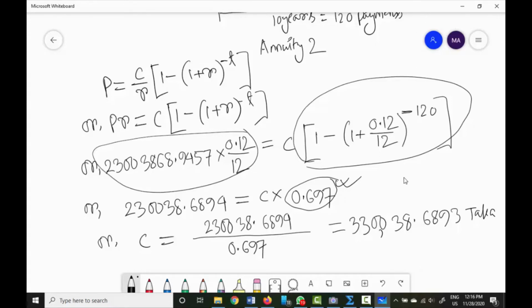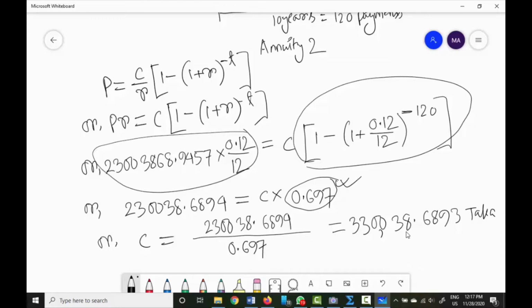That means if you deposit 100,000 taka at the end of every month for the next 10 years, the bank will give you 330,038 taka at the end of every month for the following 10 years.